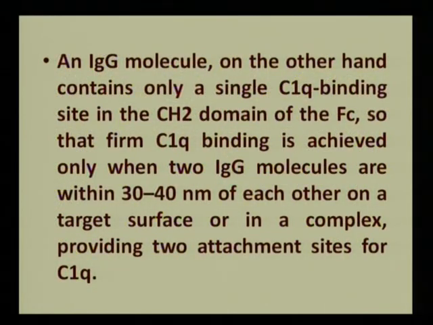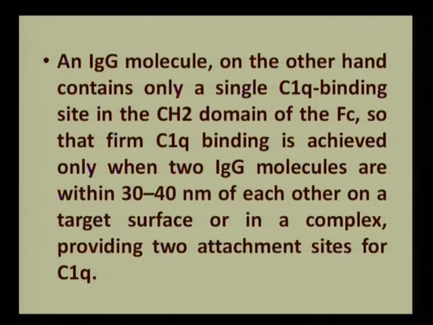Now, if IgG is the molecule that is forming this antigen-antibody complex, it contains only one single C1q binding site. So firm binding is achieved only when 2 IgG molecules within 30 to 40 nanometers of each other are present on the surface of the complex.